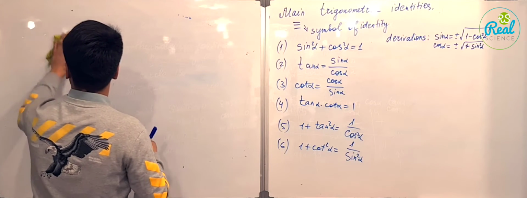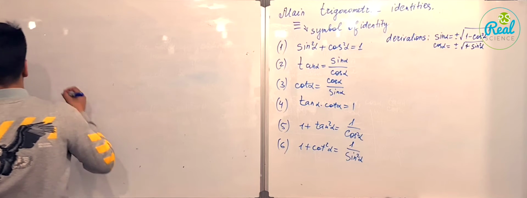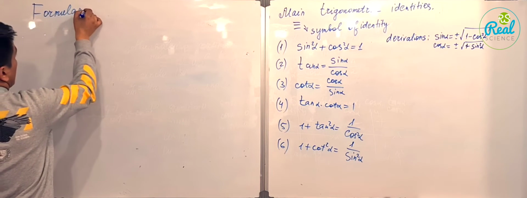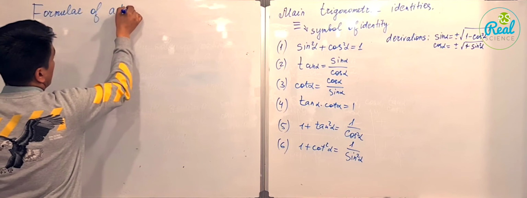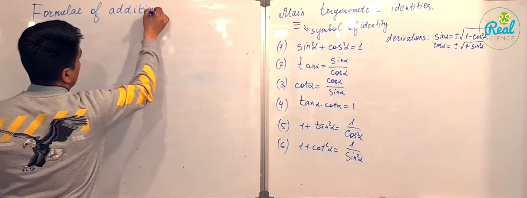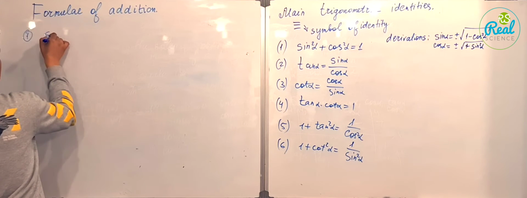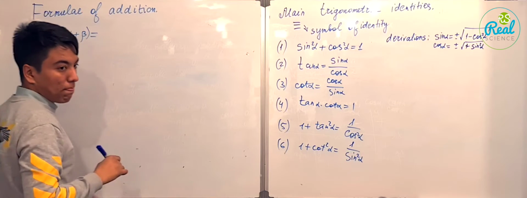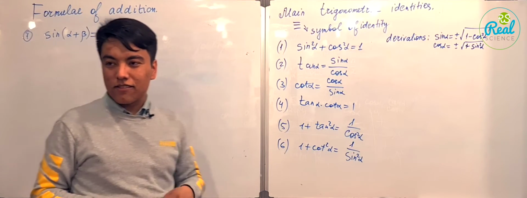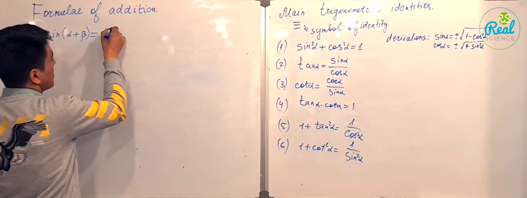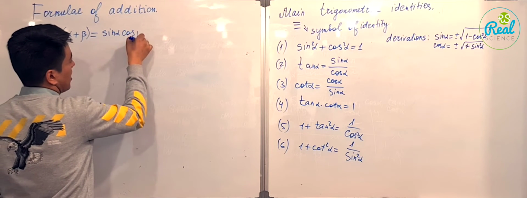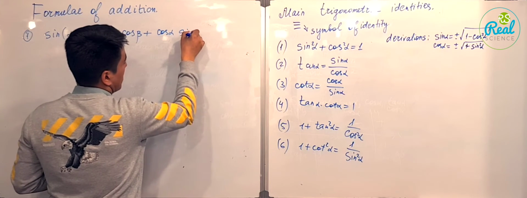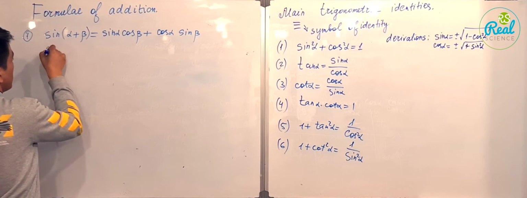So let's start. Formulae of addition. The first formula: sine of alpha plus beta equals sine alpha cosine beta plus cosine alpha sine beta.